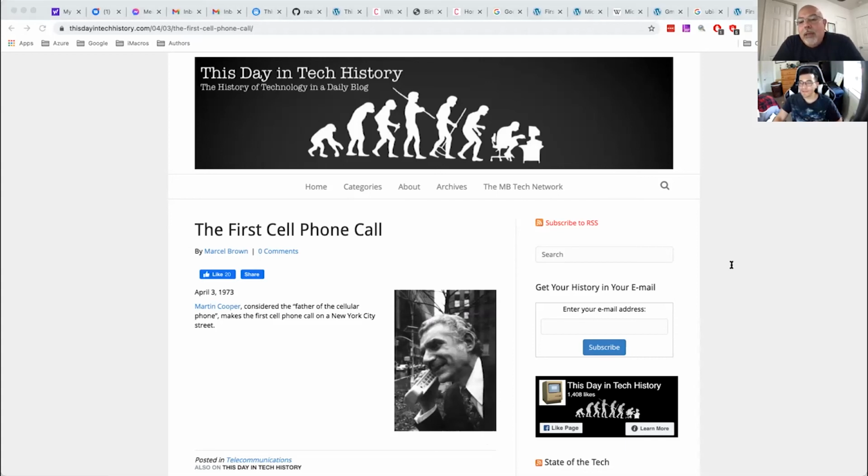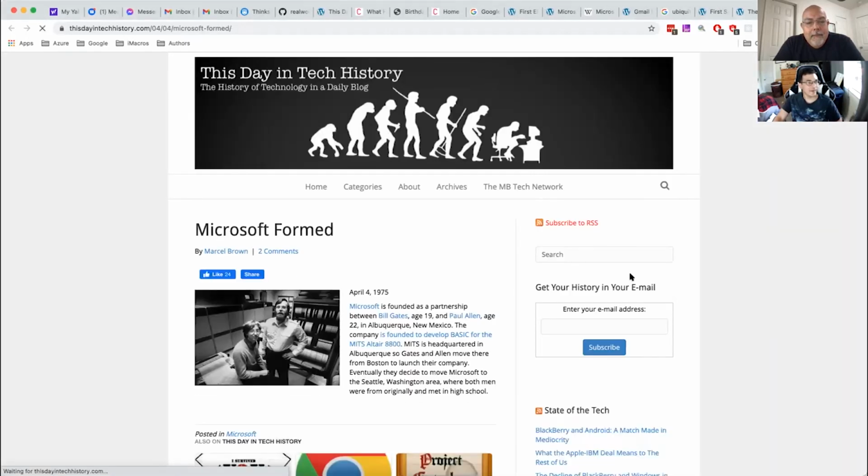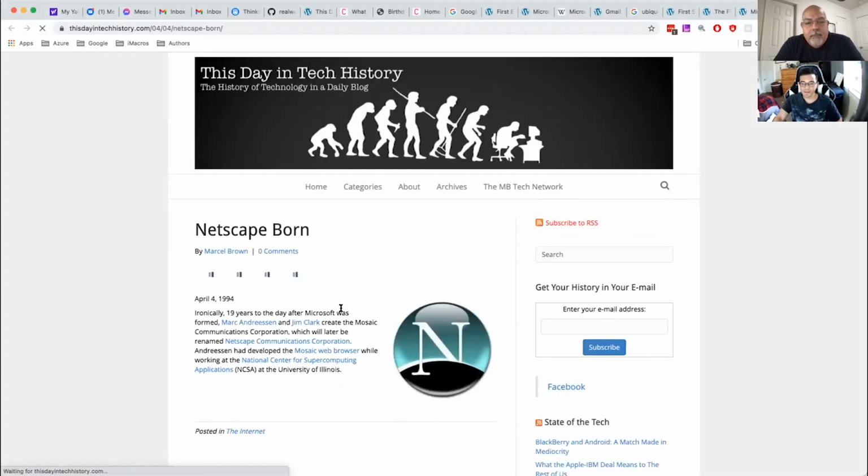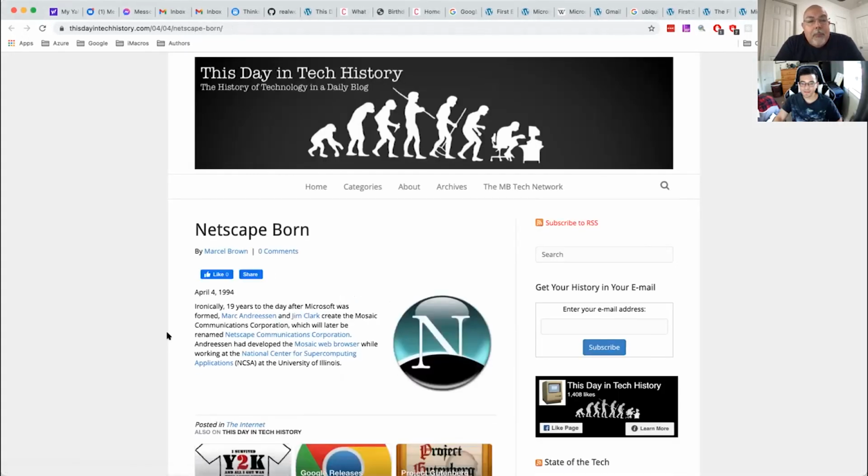Wow. So on the same day, both Microsoft and Netscape. How many years apart was that though? 1975. And then Netscape. Oh, this is the Netscape browser.